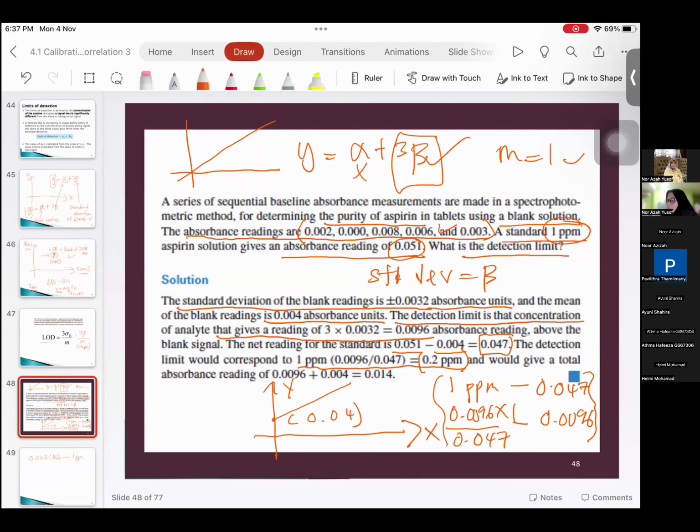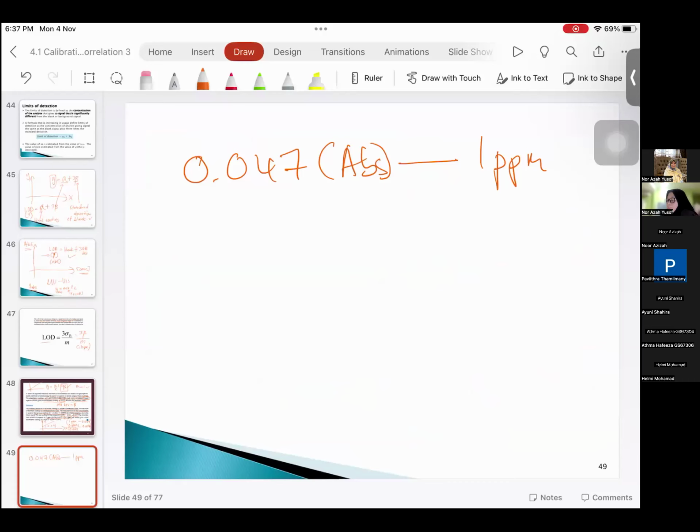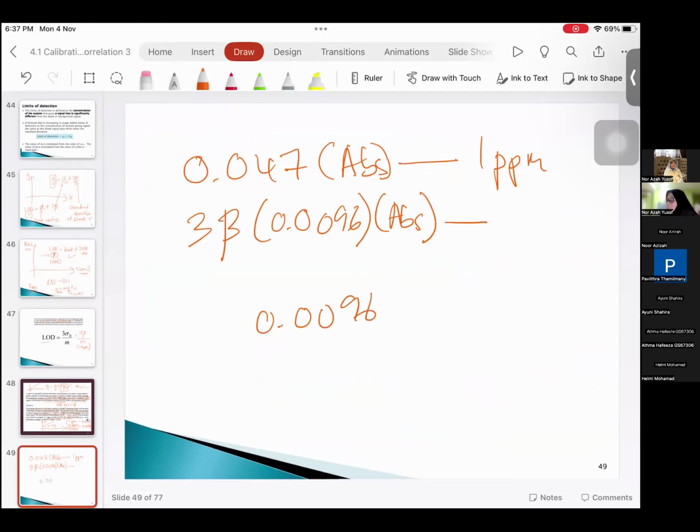And from that, 3 beta is 0.0096 absorbance. If we calculate, it is like this: 0.0096 over 0.047 times 1 ppm is actually 0.2.